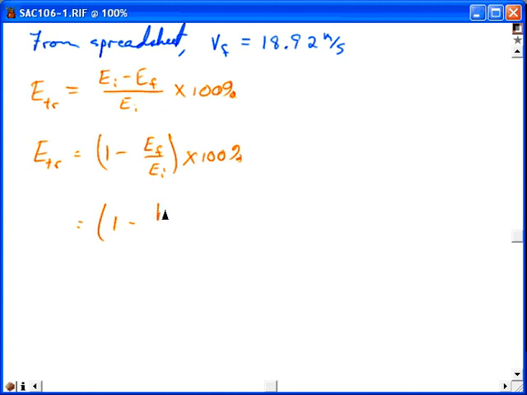That'd be 1 minus, this will be the kinetic energy at ground level plus the potential energy at ground level, all divided by the same sum initially, so at the release point, oops, that's an I, then times 100%.